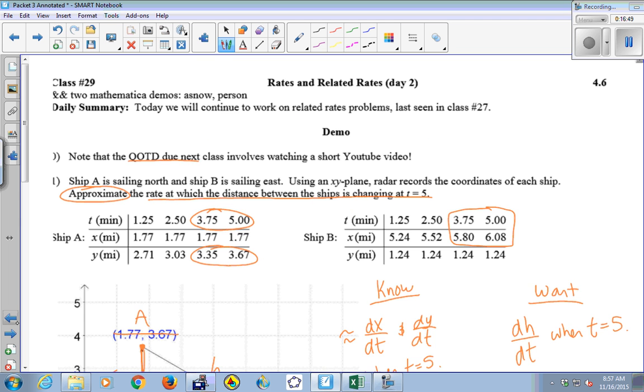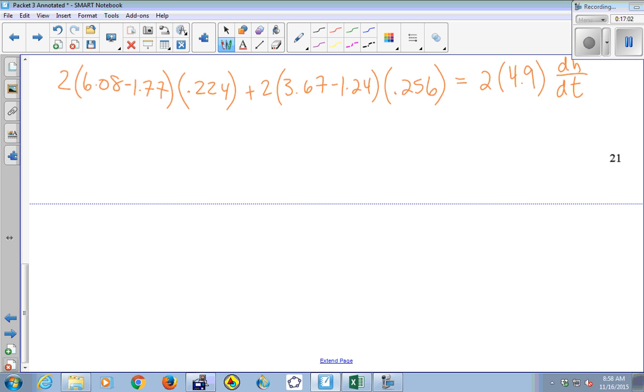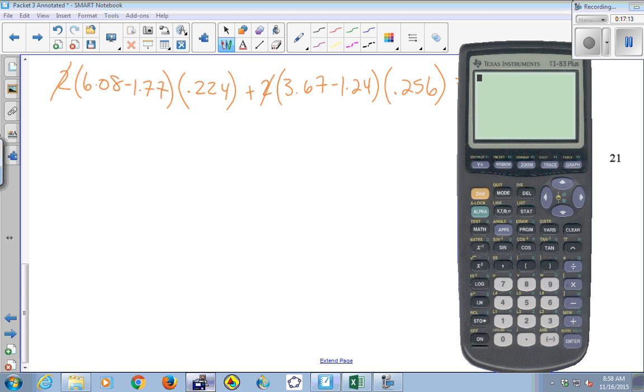So I go back to my equation where I'm filling in all the stuff I know, and I put a 4.9 in for h. And then I just solve for dh/dt. So maybe at this point I'll divide everything by 2, those all go away. And then have my calculator simplify this.